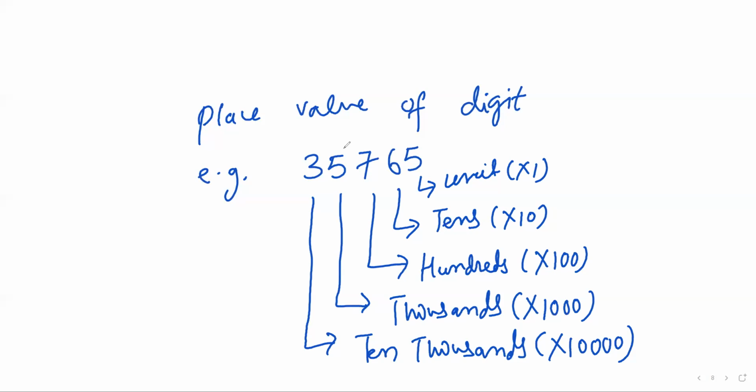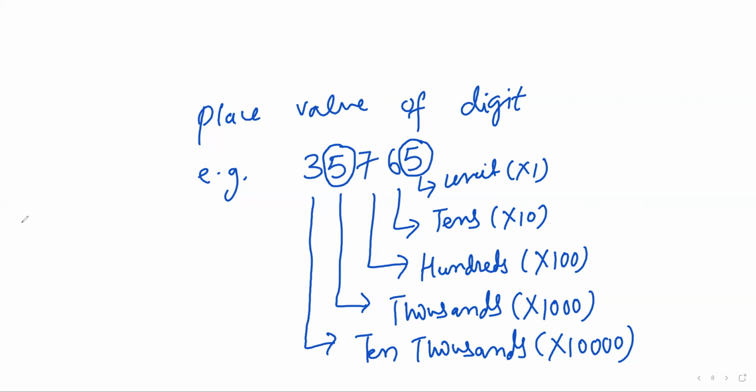Now here, as this 5 is placed at two different places, one at unit place and the second at 1000 place, the place value will change as the place of 5 changes.